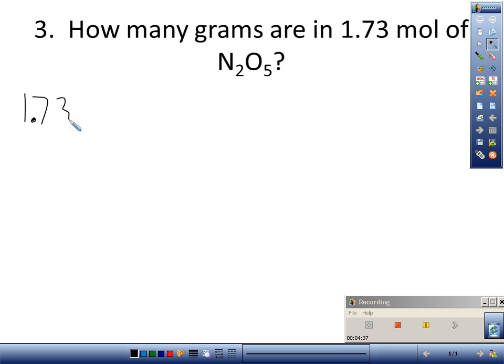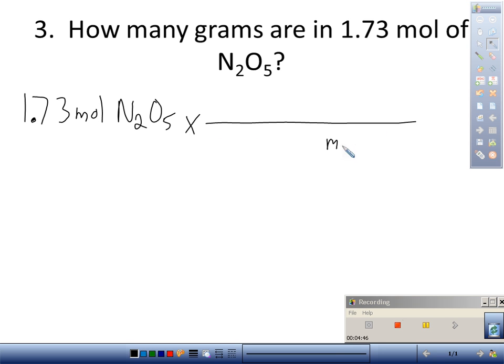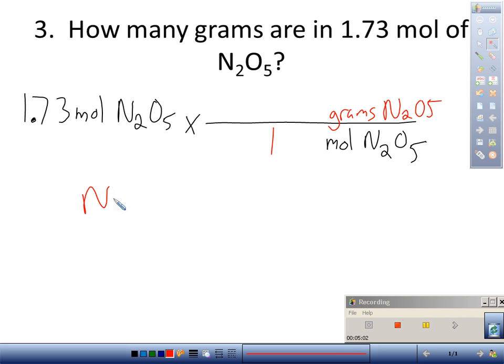I'm going to start by writing my given. I don't want the given units. I do want grams. Grams to moles, it's always 1 mole. And for my grams, I'm going to take my nitrogen.